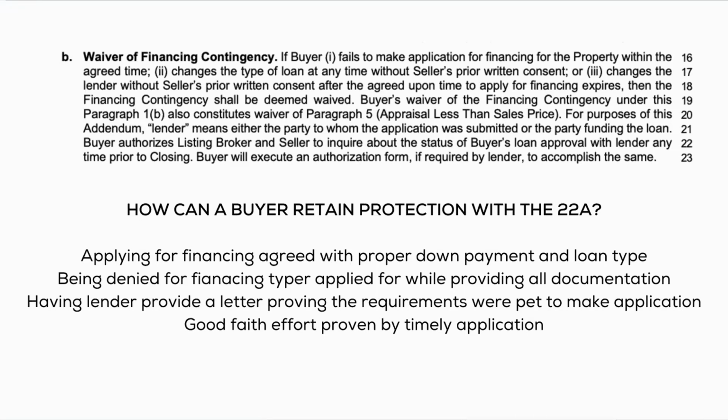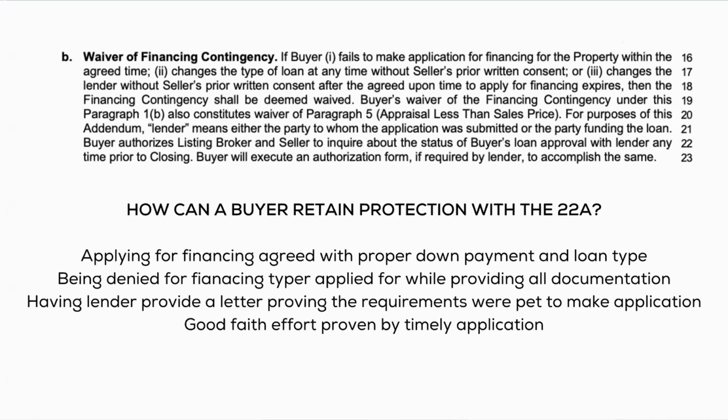It will stay protected with them if they are truly denied for the type that they have applied for while providing all the documents they need to. And then having a lender letter that proves that the requirements were met to make this application and that they've made a good faith effort in a timely manner.